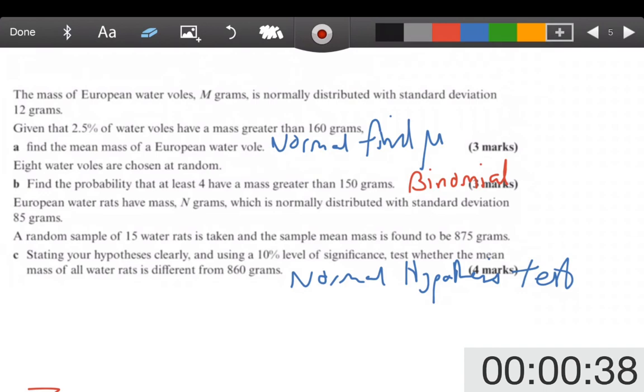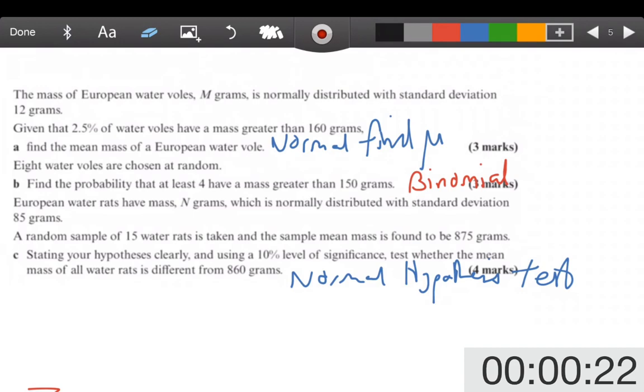Lucas, don't worry, it's hard at first. Which bit are you stuck on, part A, B, or C? If it's part A, sketch it. Draw 160 at the top somewhere, because the probability of more than 160 is slight. Put in the probability 0.025.